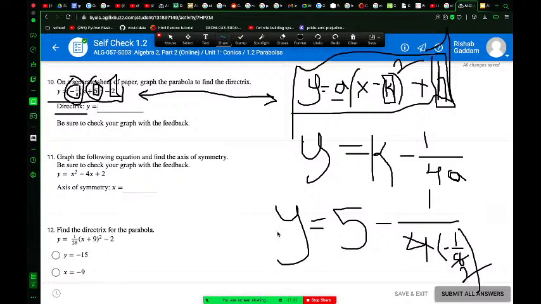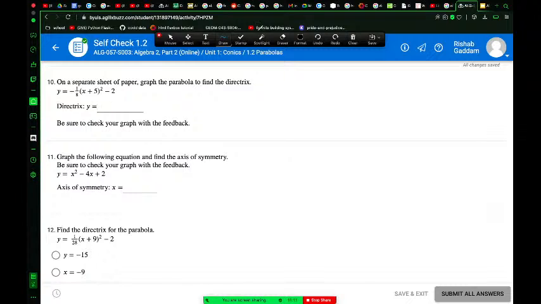And in the end, after we do all that, we have y is equal to 5 minus 2, which is 3. Sorry, not 5 minus 2, it's 5 plus 2, so that's 7. So I need to erase this, and then I can write 7. So in the end, you have y is equal to 7.